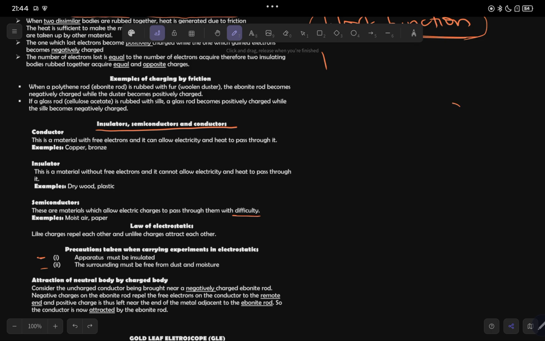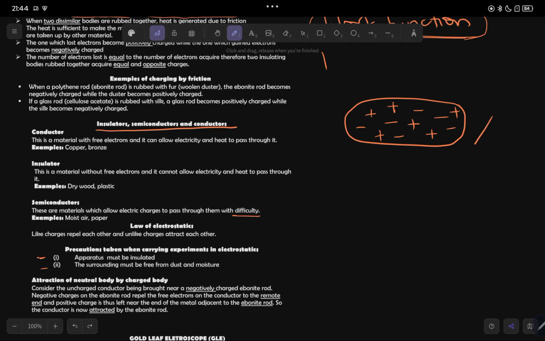Consider a neutral body here. This neutral body has an equal number of positive and negative charges evenly distributed across it. When a body is neutral, it means it has equal positive and negative charges.